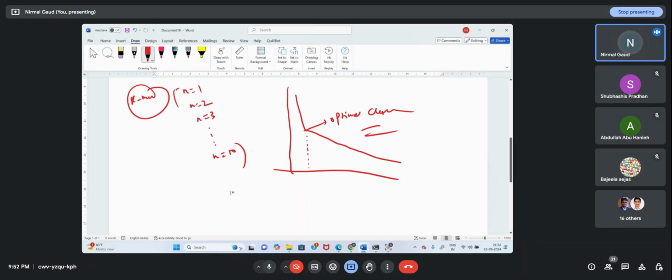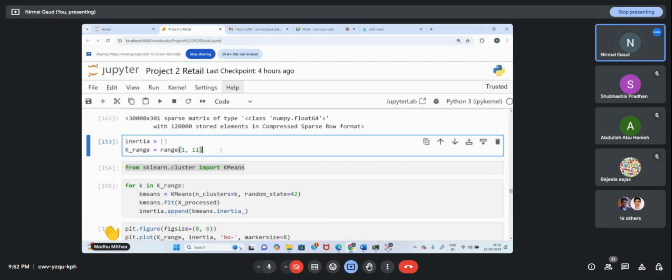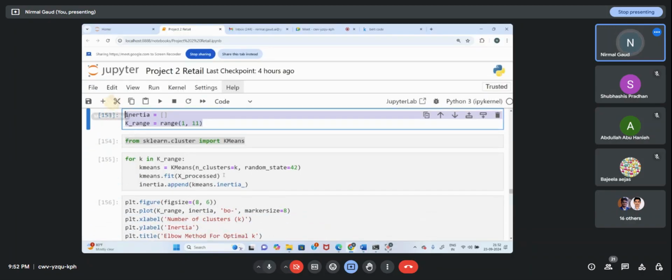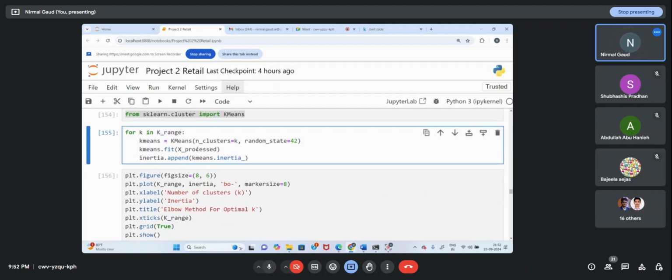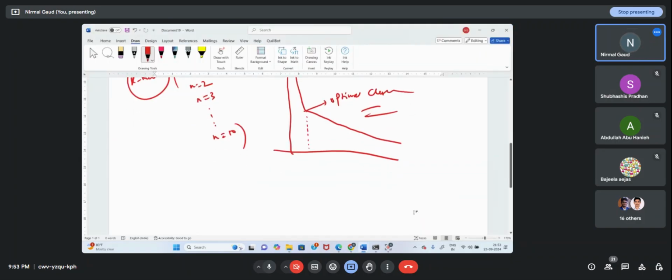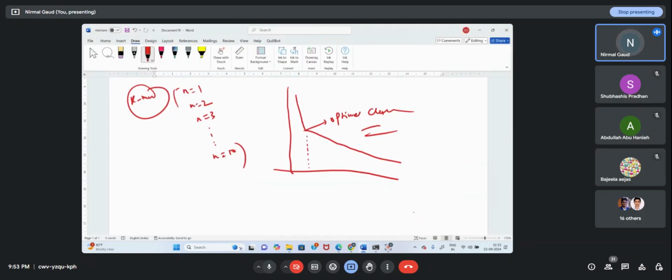Okay, so here I applied the k-means clustering algorithm. I fit my data, X processed data, into k-means algorithm. I'm taking one cluster, two clusters, three clusters with the help of a loop. And you very well know that on X axis I am having number of clusters, and on Y axis I am having WCSS, that means within cluster sum square.